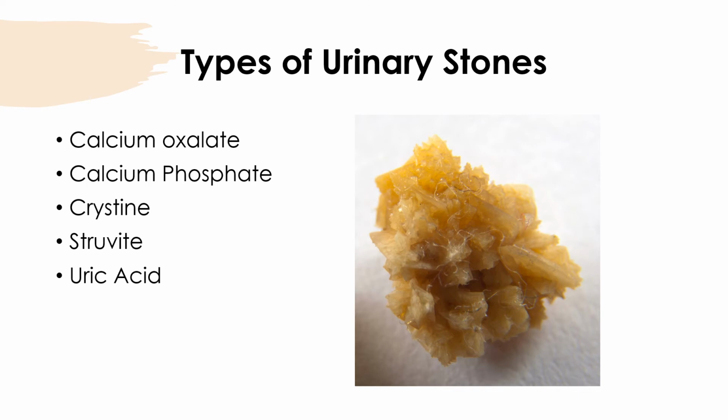So calcium stones are actually the most common type of stone to have. They're pretty small. They can easily get trapped in the ureter, more common typically in men. We see this when there are high levels of calcium, so hypercalcemia and hypercalciuria.